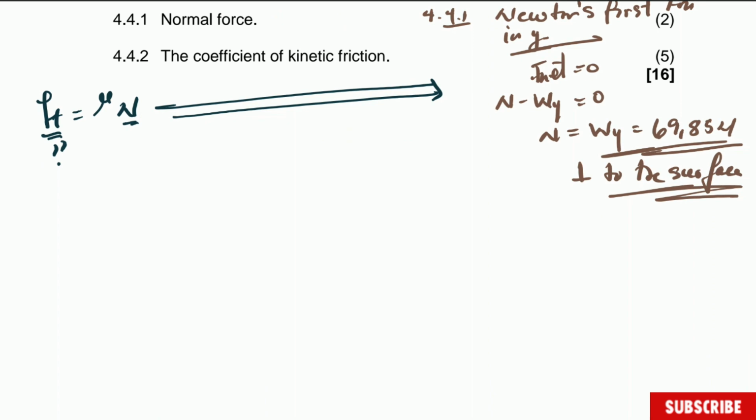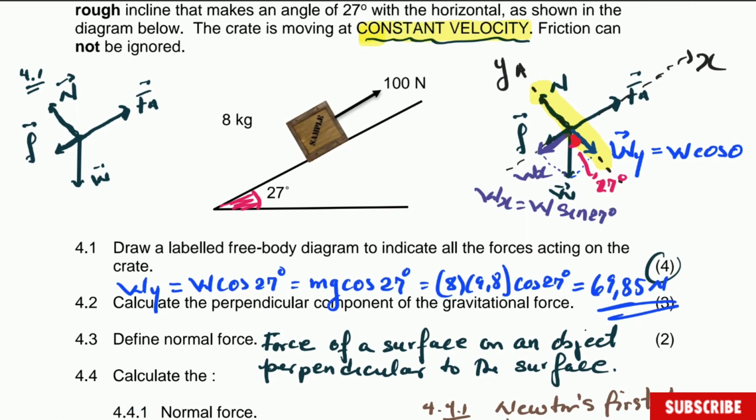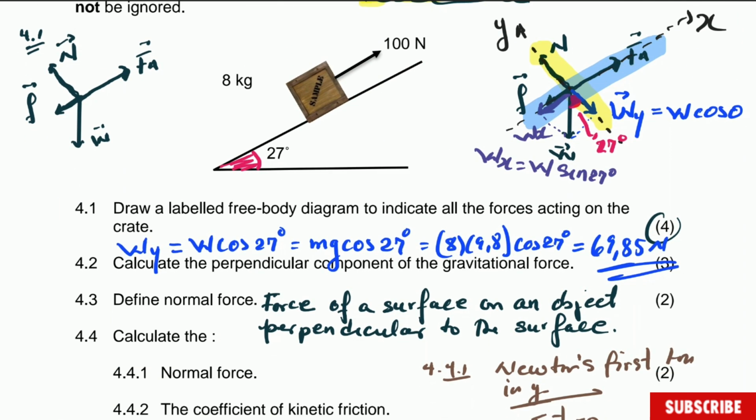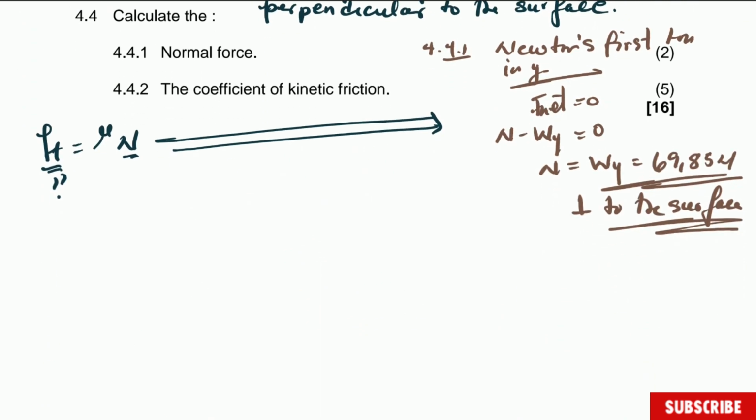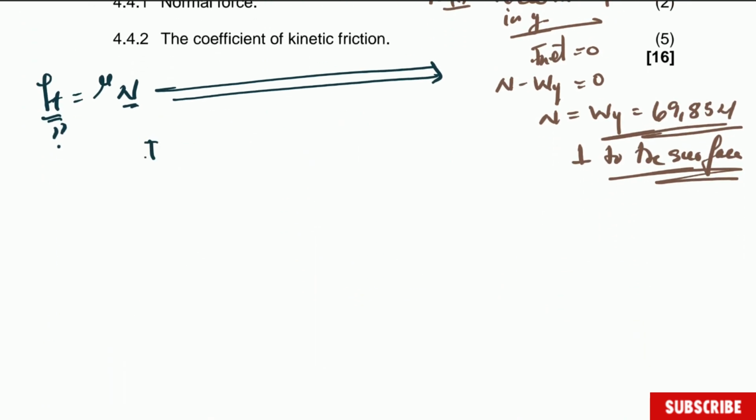Okay, to calculate the frictional force, we have to come here to the x-axis. And what forces do we have in the x-axis? Remember, net force in the x-axis, F net is equal to 0, and the object is moving at constant velocity, v constant.